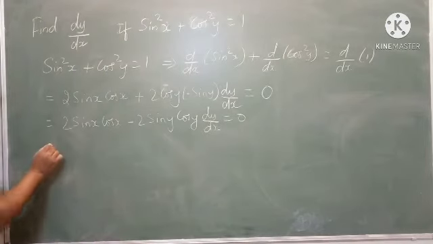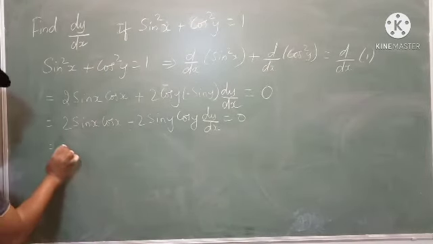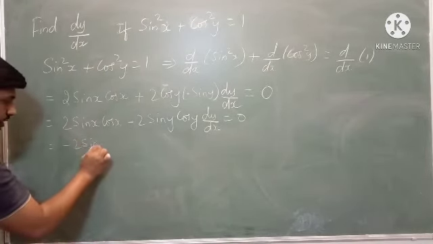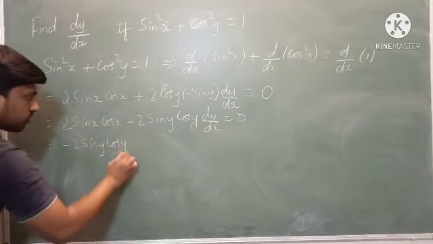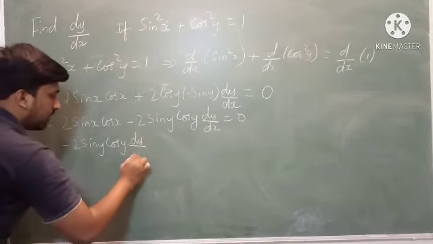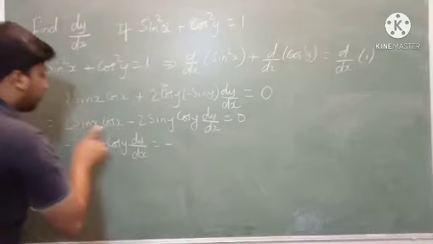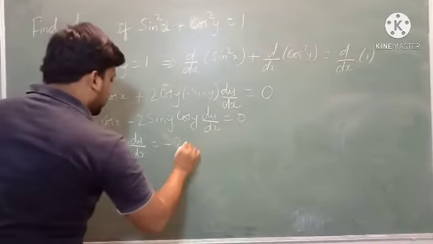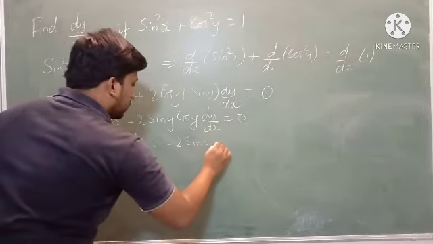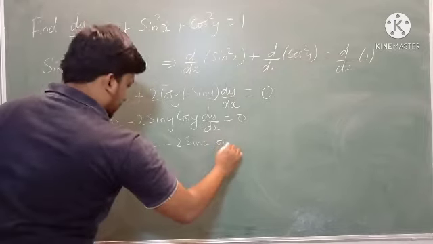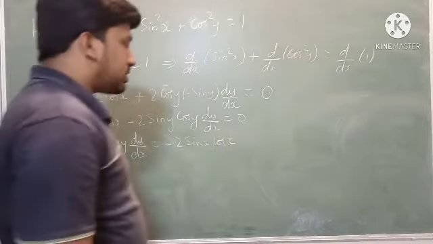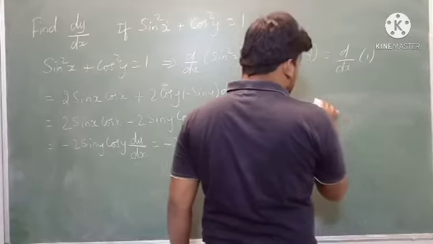So I am going to keep this dy by dx as it is. So 2 sin y cos y dy by dx is equal to, I am going to send this to that side, so it is going to become 2 sin x cos x. We know from the trigonometric formula what is going to happen.